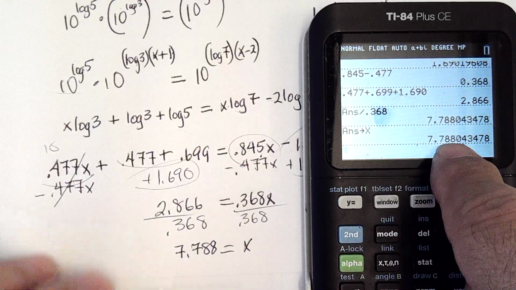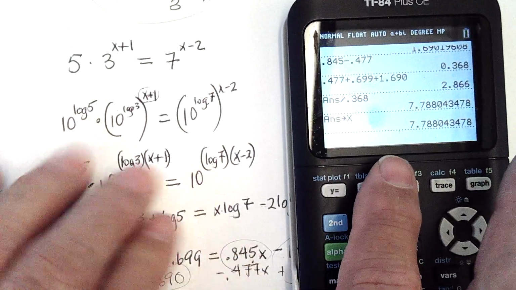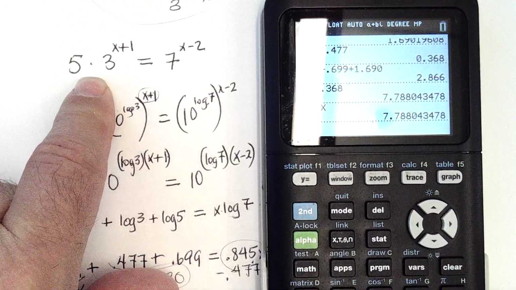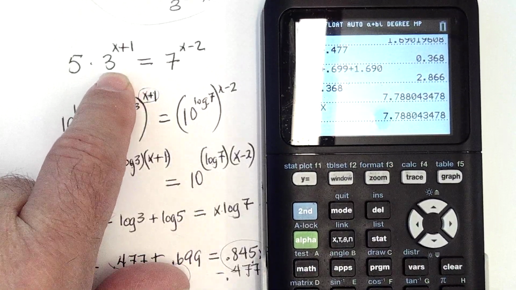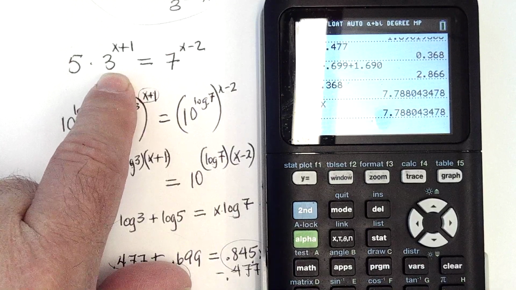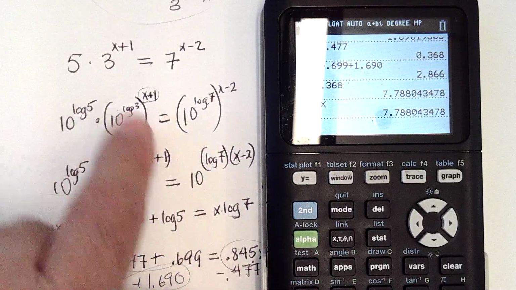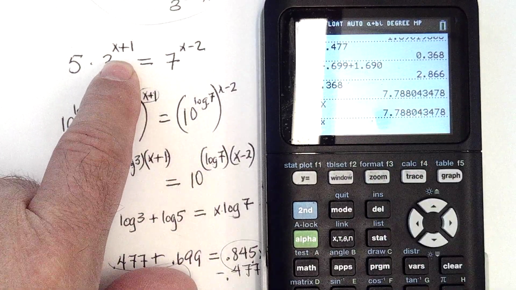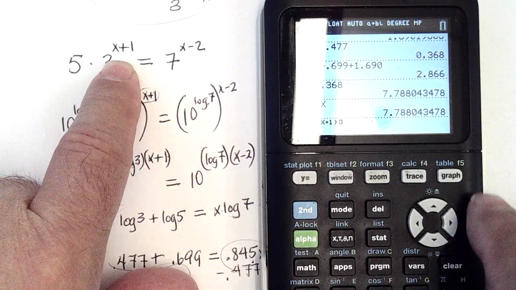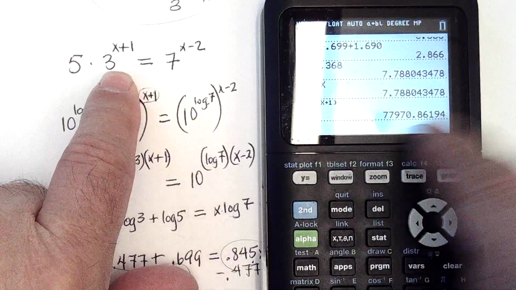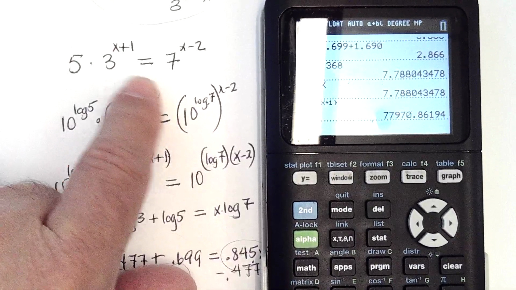It thinks x is this, so I'm going to come back up here and type it into this. So I'm going to write 5 times 3 to the parenthesis x, it knows what x is, plus 1. And this side comes out to be 77,970-ish.